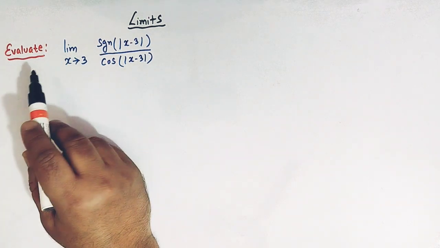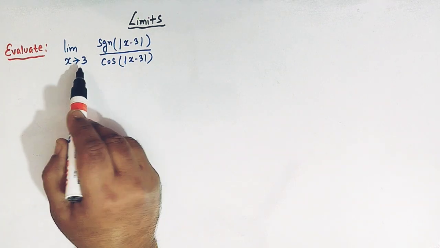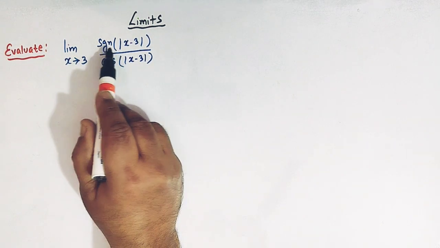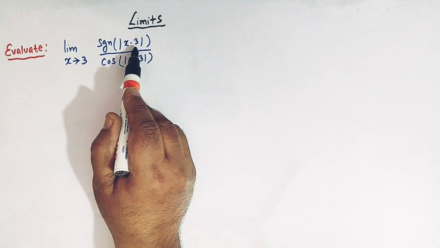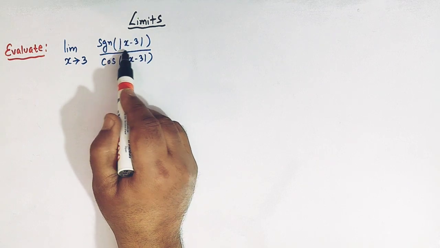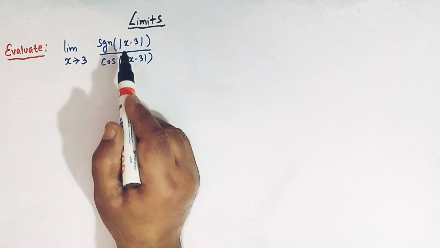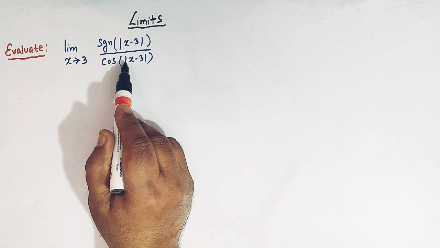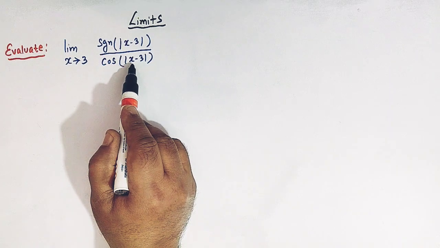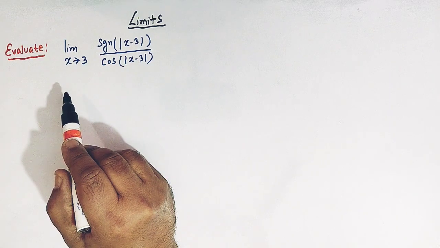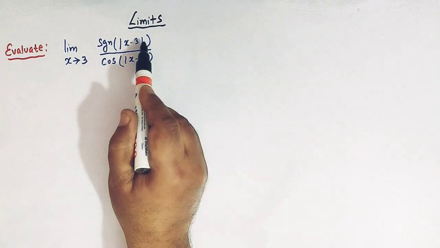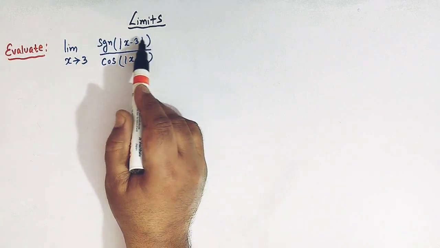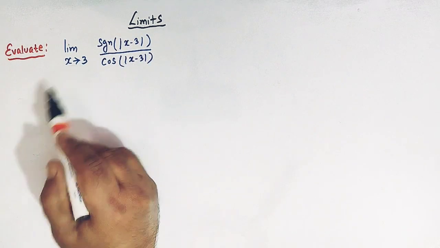So we have to find limit x tends to 3 of signum of mod of x minus 3, where we have the absolute value function, divided by cosine of the absolute value of x minus 3, right?